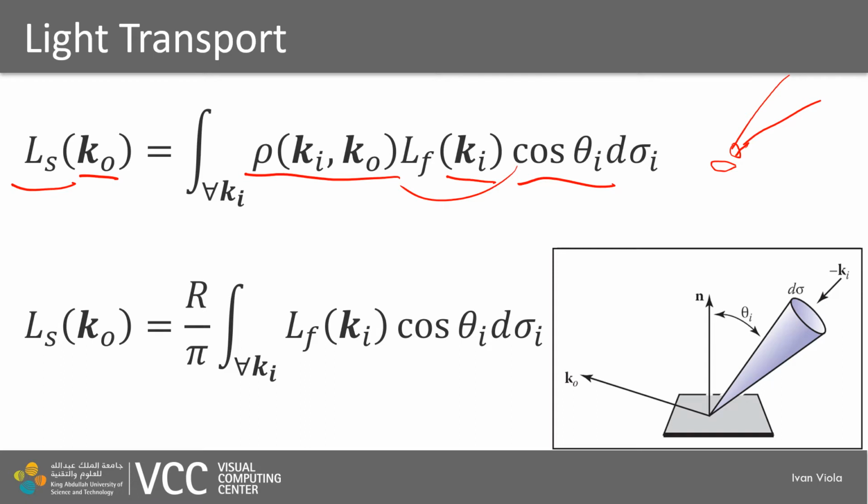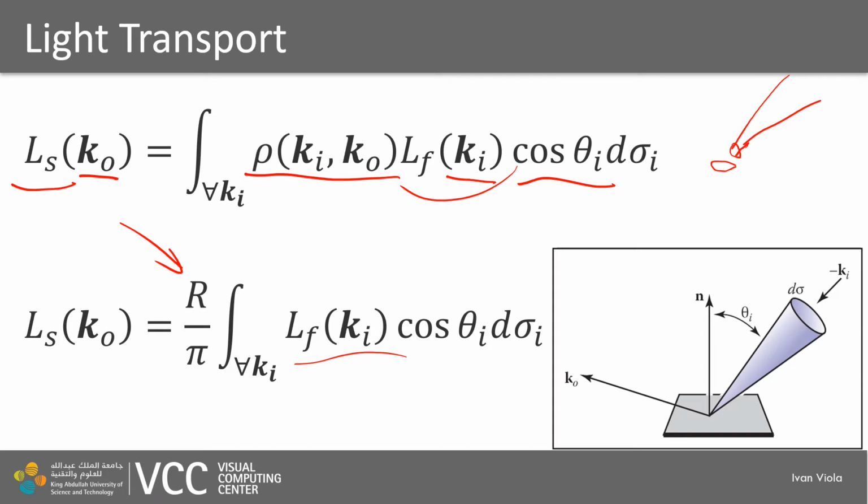Now, if we simplify the light transport for the discussion just for perfectly diffuse surfaces with some reflectance value R, then we can take the BRDF out of the integral and simply perform the integral over the incoming field radiance values.